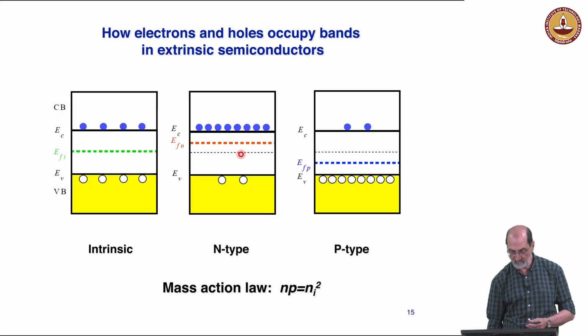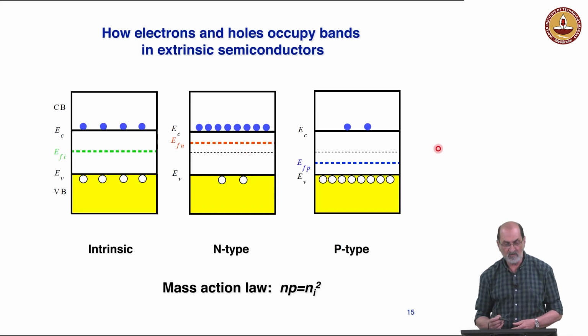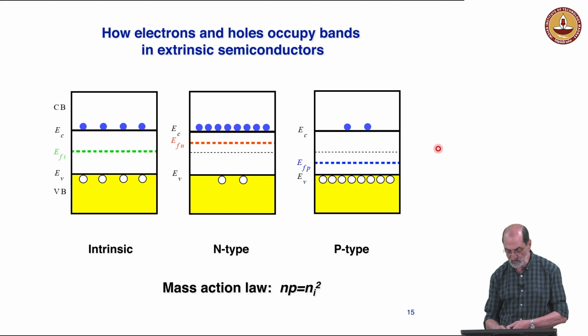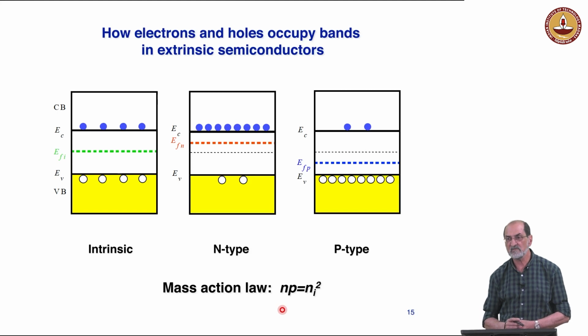Well, we were here. Well, that's the way mathematically to show that the product n times p is constant. And since it is constant, I can say that n times p is equal to n_i times p_i, where n_i is the density of electrons for the intrinsic semiconductor, and p_i is the density of holes for the intrinsic semiconductor.